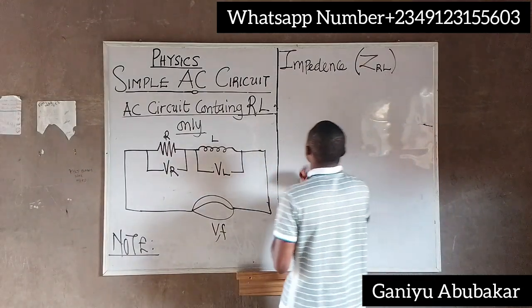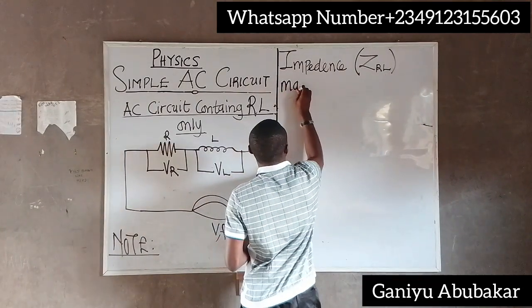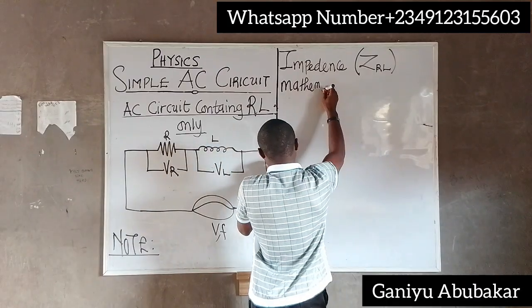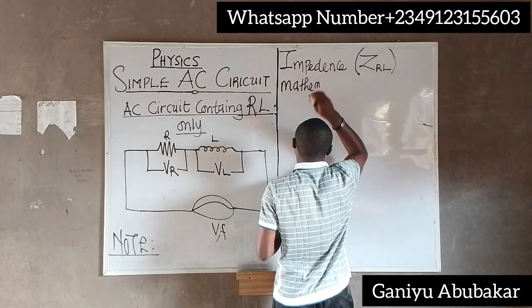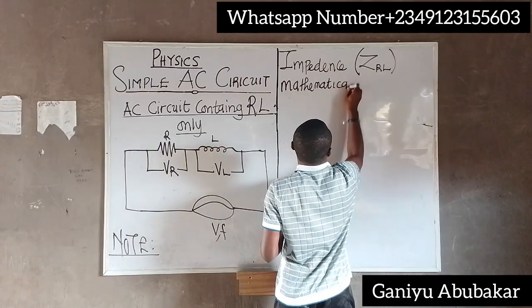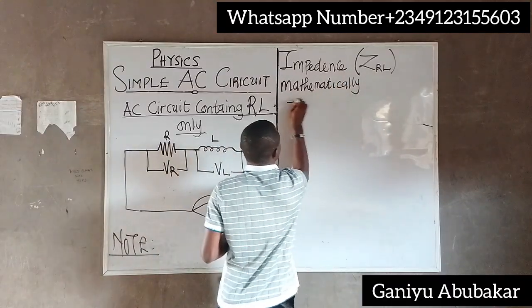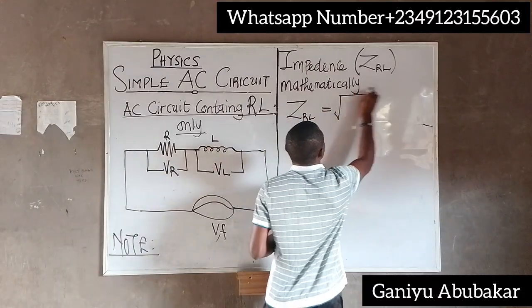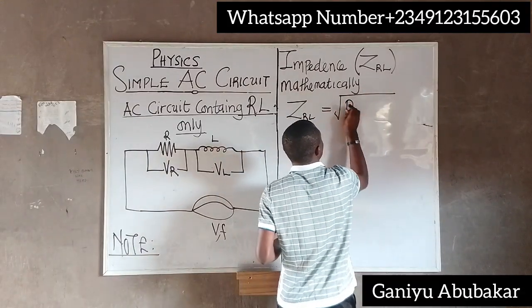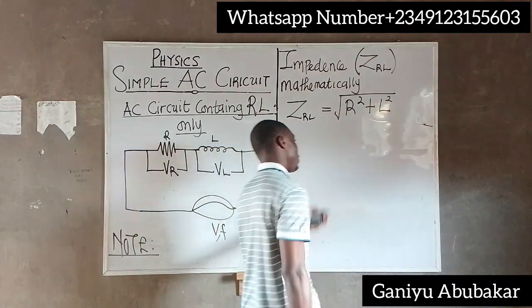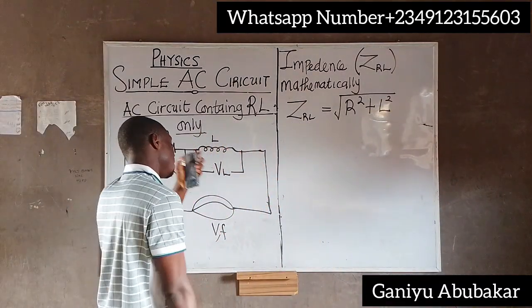So what's impedance? Mathematically, impedance ZRL is equal to the square root of R squared plus XL squared. This is the formula for impedance.